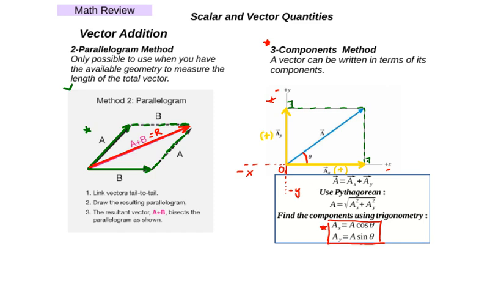If I know AX and AY by any chance, and there will be situations where we know AX and AY, how do I find A? If you look at this here, you see a parallelogram completed. You see AX and AY are starting at the same point.